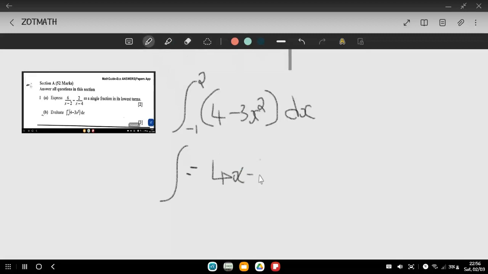So let's show the solution. Minus 3, then x, then x to the power 2 plus 1. We add 1. In differentiation we were subtracting, then we say over, okay? This 2 plus 1 is a 3.